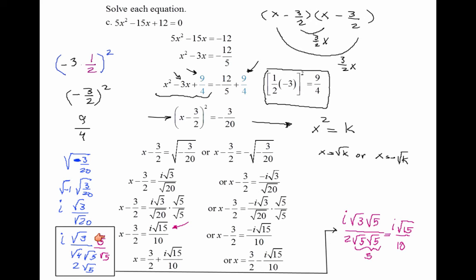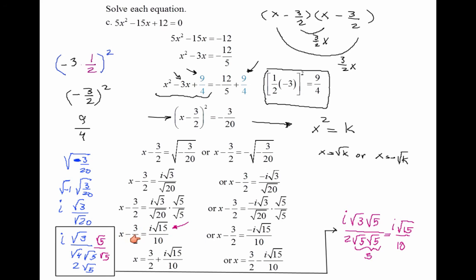To rationalize this, we need to multiply top and bottom of the fraction by radical 5 over radical 5. So now you see that radical 5 times radical 5 would be radical 25, or just 5, times the 2 right next to it would be equal to 10. At the top of the fraction, i radical 3 times radical 5 is equal to radical 15.